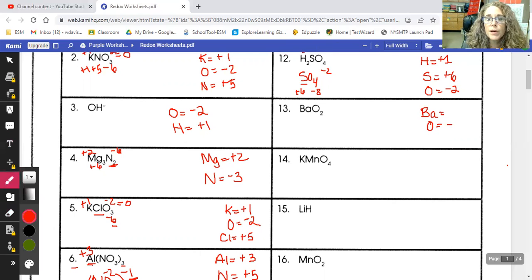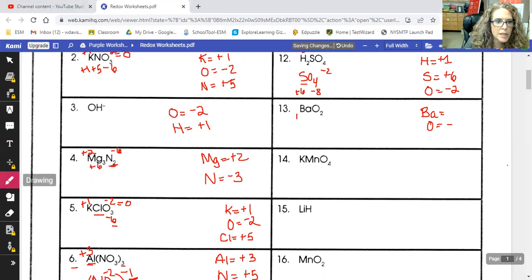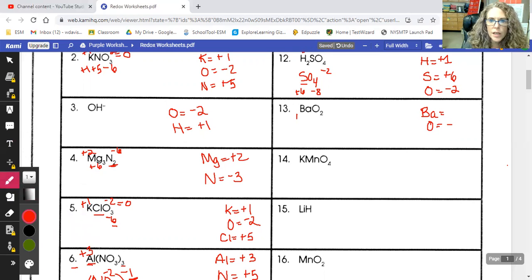All right, barium's in group number 2. So group number 2, oops, let me get my drawing here. Group number 2, barium is a +2. This is a little bit weird, which is why I erased the oxygen. This is going to be one of our exceptions.